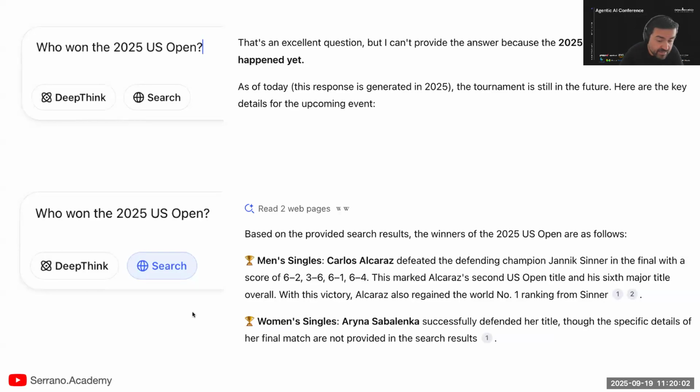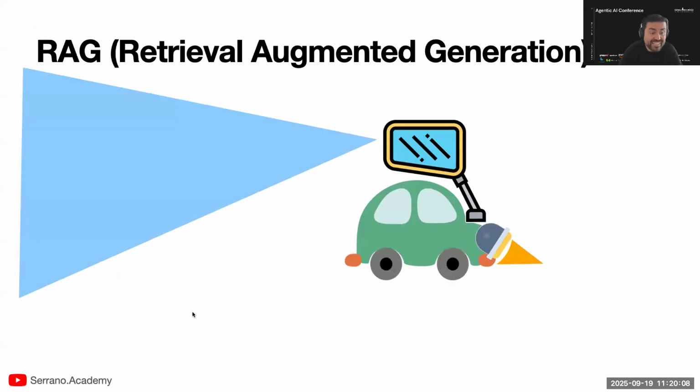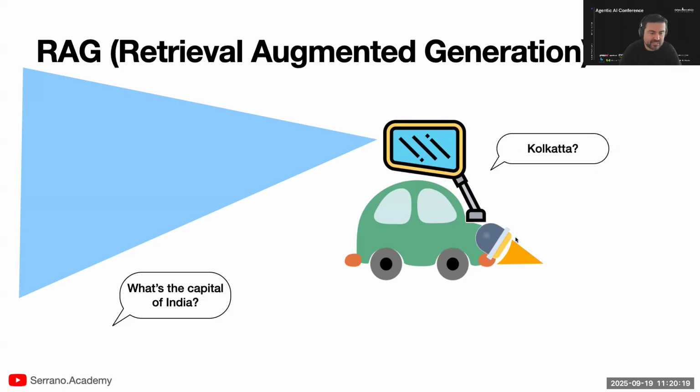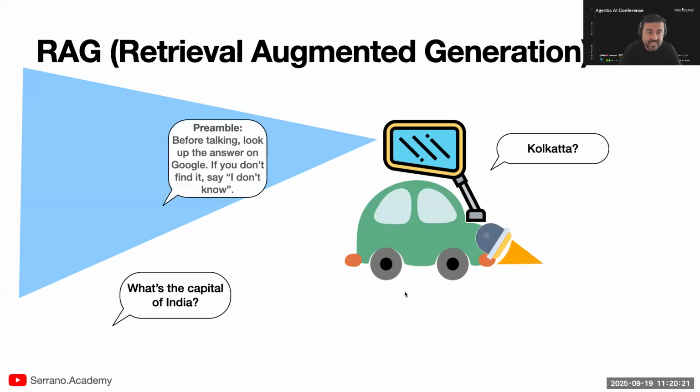That's RAG, right? RAG is basically saying, before you answer, look it up. Why is RAG so effective? Because if I ask a question, what's the capital of India, for example, and I expect the model to answer it with this little headlight, it's going to get it wrong. Maybe it'll say Kolkata or something. Instead, if I put a really solid preamble and I say, hey, don't start yapping. Before you open your mouth, look up the answer on Google.